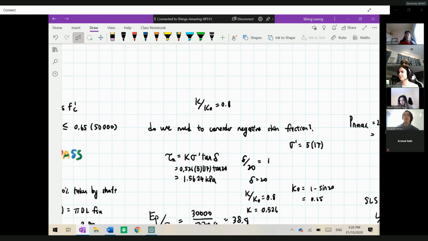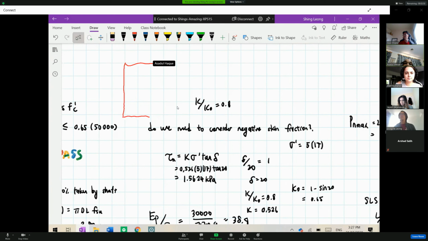Yes. Let me go back a couple of weeks and find the slides for it. I can help you. You don't need to go to the slide. We don't really need that. This is really the one that we are looking at, the pile, and this is the negative part we are looking at. It's 5 meter. Yep.